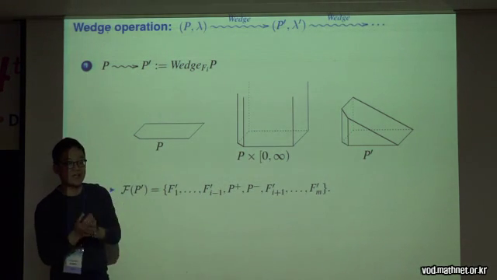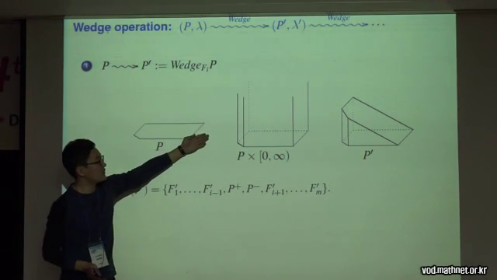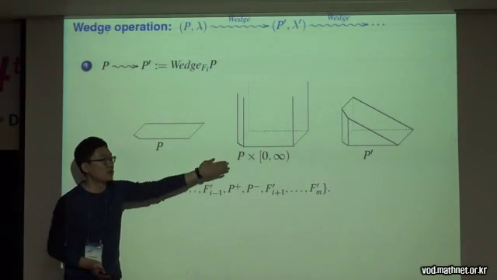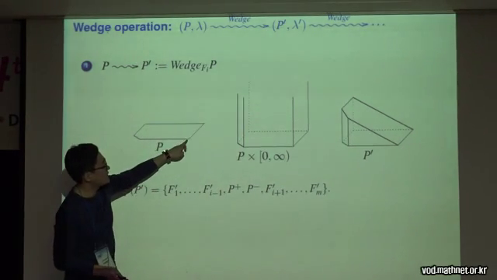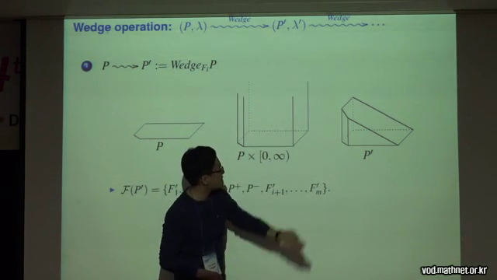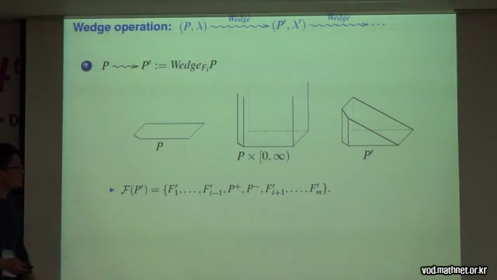This hyperplane is chosen as follows: if you take a facet here, the hyperplane is the one containing this facet. For example, I take this facet here, take a hyperplane containing it, and then cut, and this gives you this kind of wedge polytope.